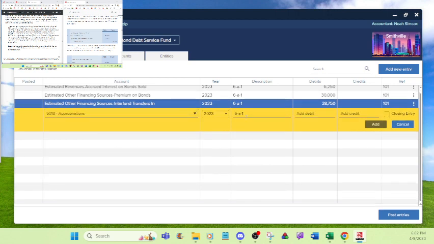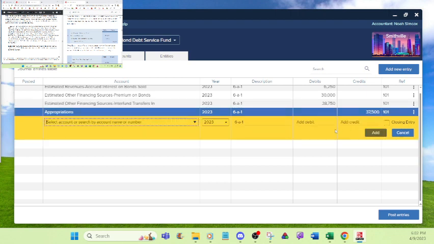Appropriations is going to be 37,500. There.